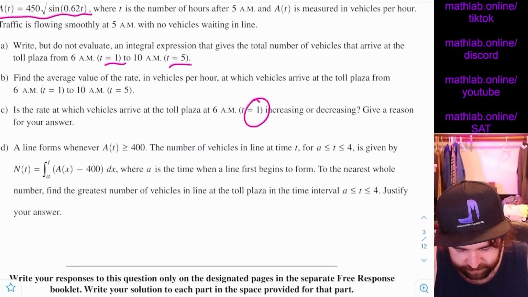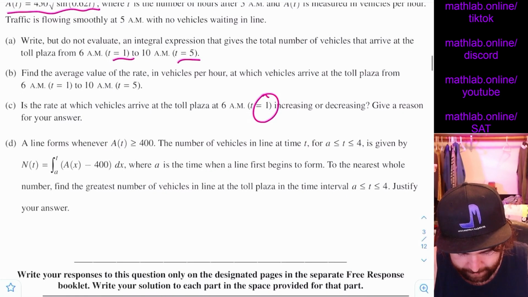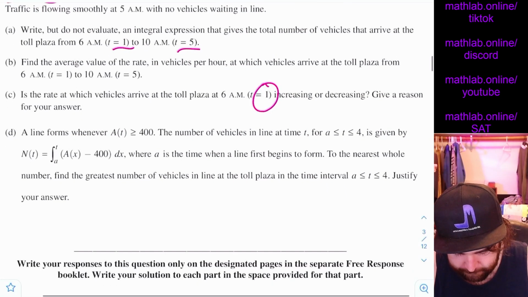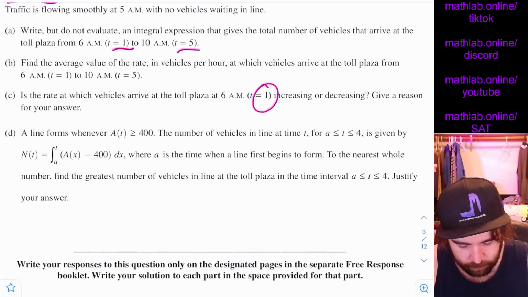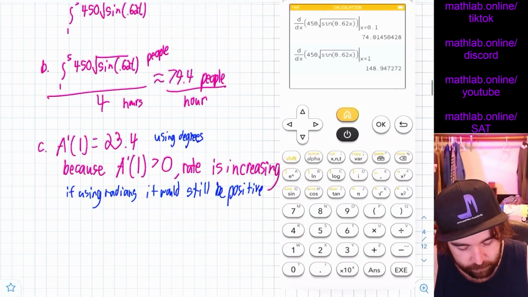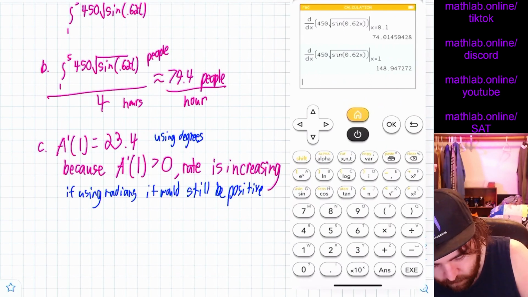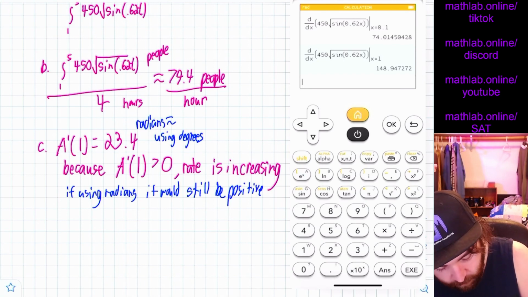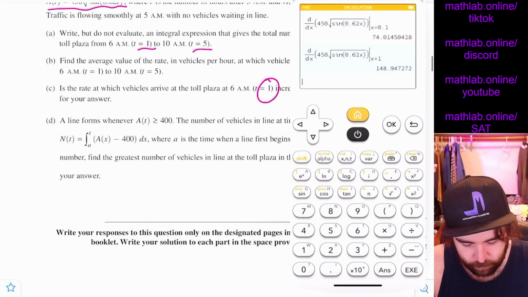I mean, it's just always radians, right? So maybe let's relook at our work here. Well, we already have, if it's radians, it would be 148.9. So let's do everything in radians now, because it is always supposed to be in radians.